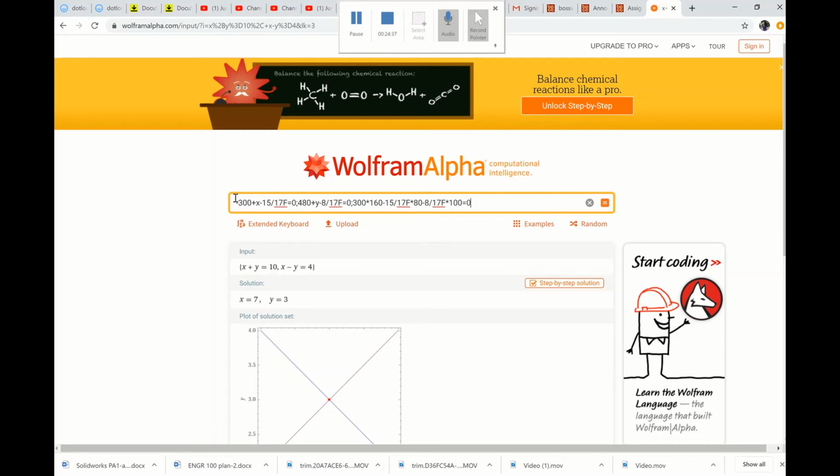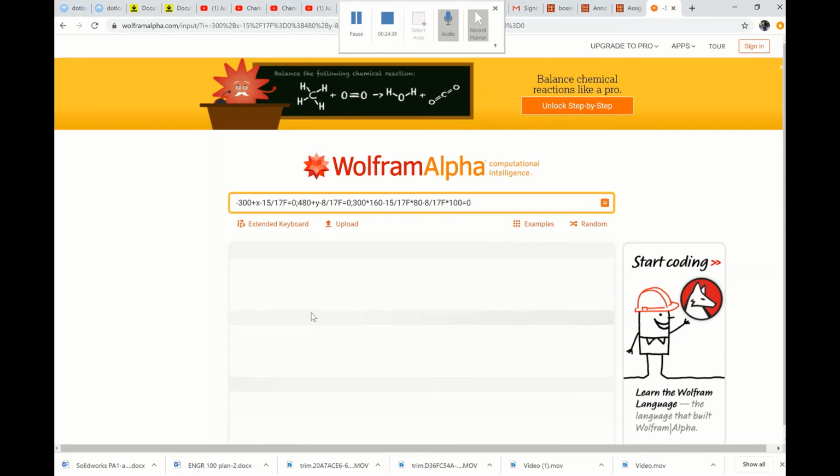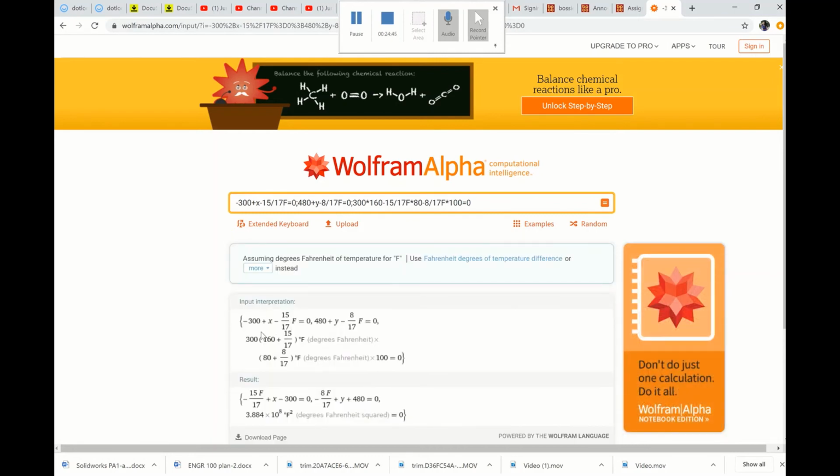That equals 0. So let's try. Hopefully our input is correct, and then we can verify the first and the second equation, and the very last equation is right here.